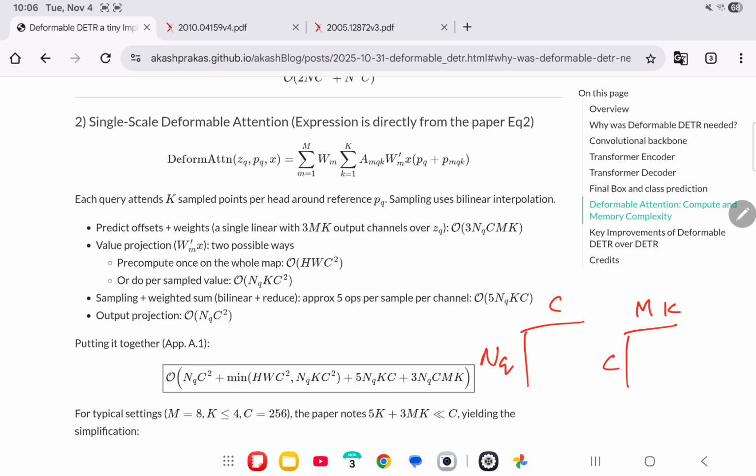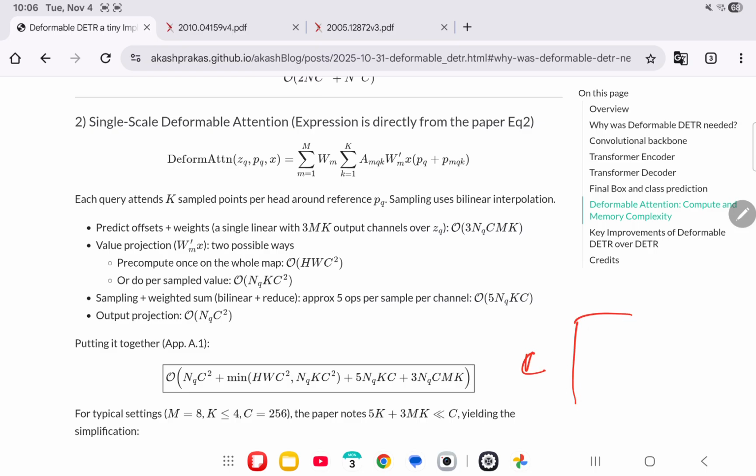So we were outputting M heads, 8 heads, 4 points. We are assuming single scale, that is only one level. If we consider multiple levels, it will come as 4 here. This is MK, this would have been MLK, but in this case we are considering one level.